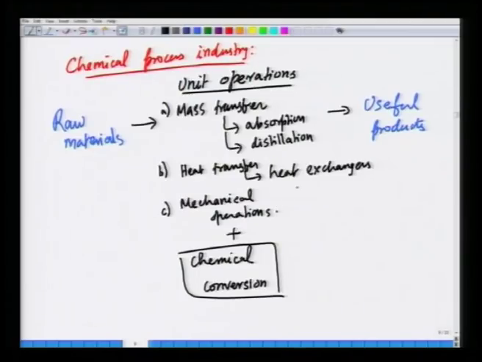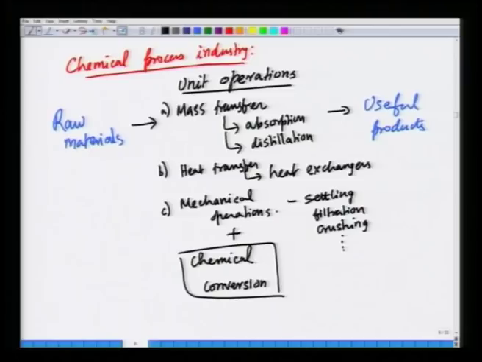This involves things like settling, filtration, sedimentation and so on, and crushing and grinding and so on. Okay. There are several operations that involve purely mechanical treatment of matter or raw materials.